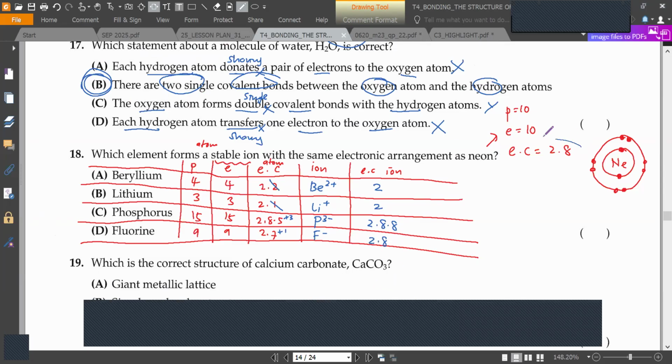The one that is the same as neon is fluorine. After it forms the ion, it has the same electron configuration as neon. So this is how we work out the answer.